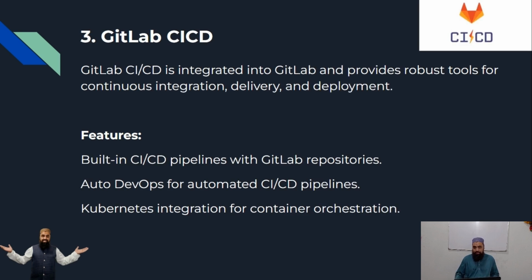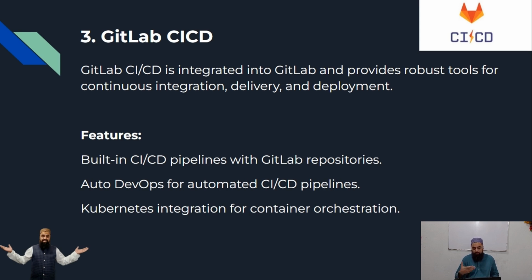Number three, GitLab CI/CD. GitLab CI/CD is integrated into GitLab just like we have GitHub Actions on GitHub. We have GitLab CI/CD if our code is on GitLab, and it also provides robust tools for continuous integration, delivery, and deployment.